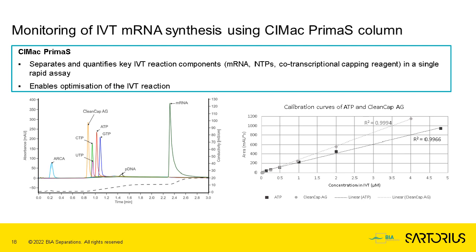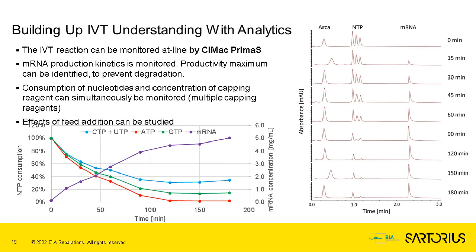But I think the whole method takes something like 8 minutes. And in the next 8 minutes, you can load the next time point and next time point and next time point again. So you can start playing with the IVT reaction and start asking questions. And the most basic question is, why did my IVT reaction stop?